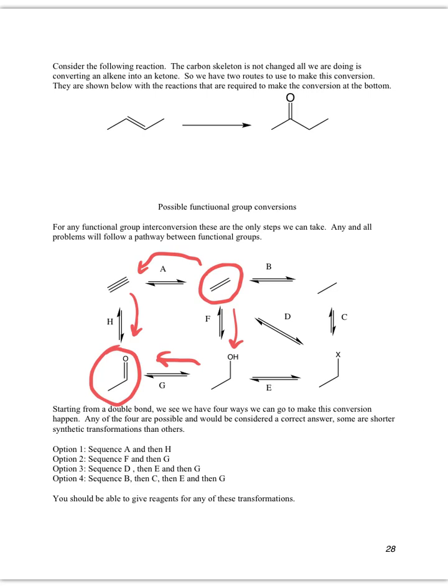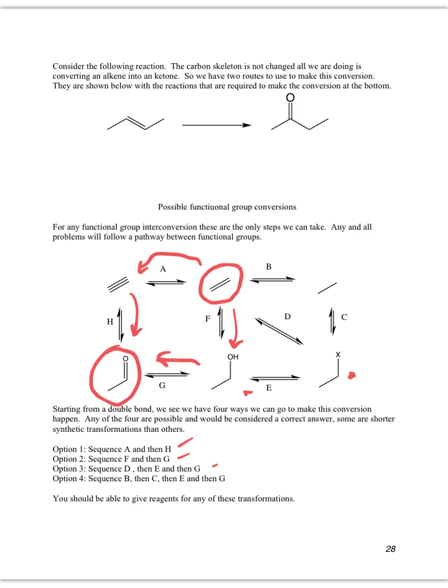Okay, so we can do option A, then H. We can do F and then G. If we really want to go the long way, we can do D to make the alkyl halide, then E to make the alcohol, and then G to make the carbonyl.